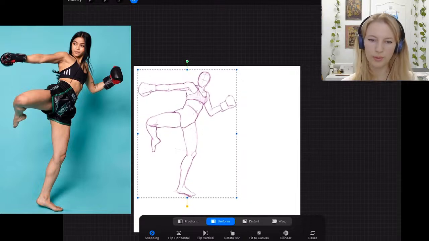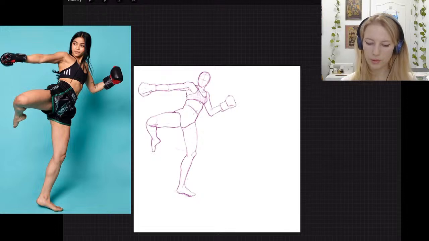Which is important when drawing some dynamic poses. Like, it's okay to be sometimes too much, especially if you work in a semi-realism kind of style, not trying to be super realistic or something.